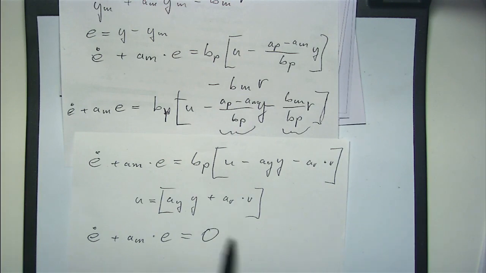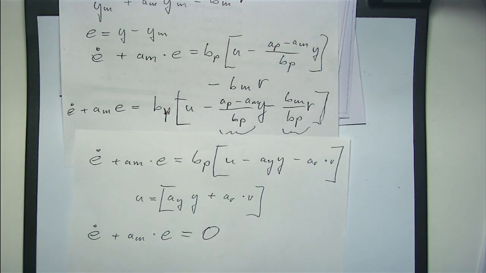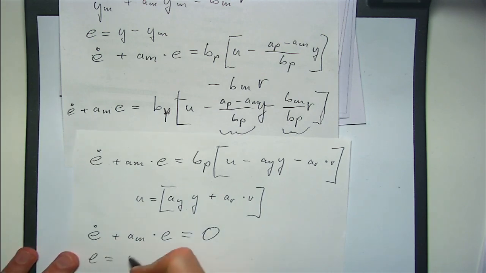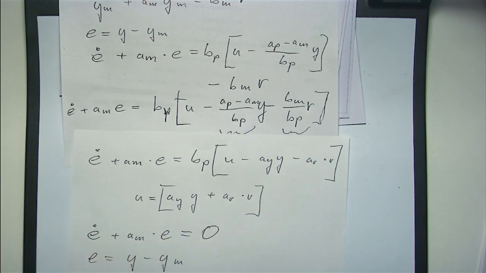Well, having this kind of behavior here, E is obviously, as we know, Y minus YM. These dynamics, are they stable? Yes, they are, isn't it? That's cool. So these are stable dynamics as a first order system.